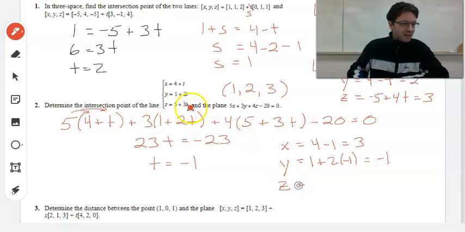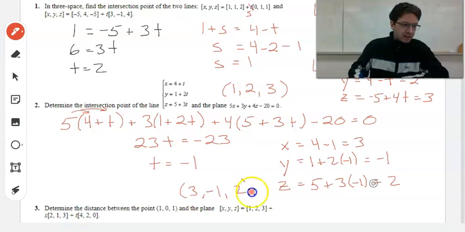Finally, z is 5 plus 3t, where t is negative 1. So that's just 5 minus 3, so 2. So our intersection then is 3, negative 1, and 2.